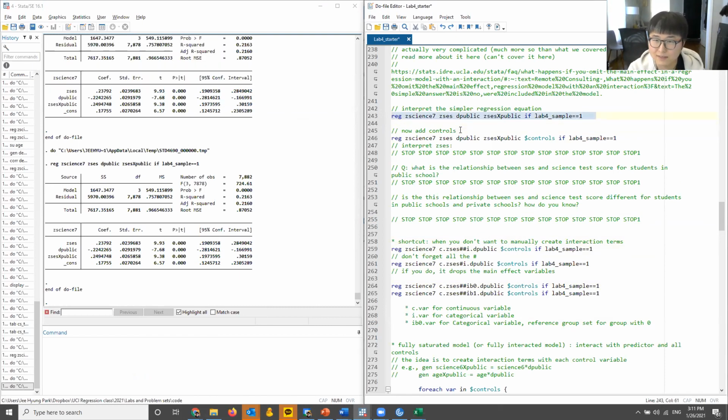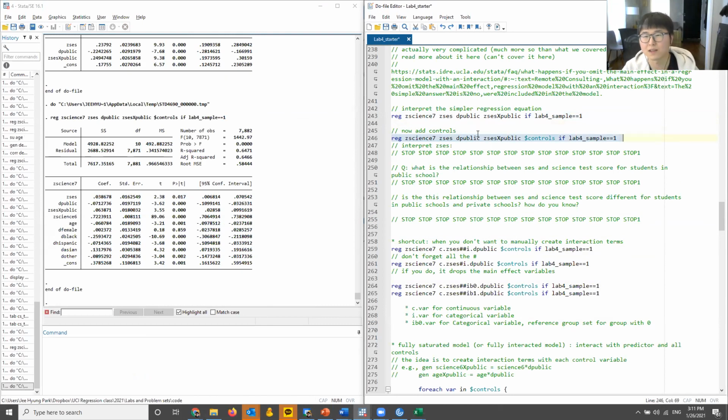So we just covered this, and then we didn't cover this, which is now all I've done is added controls. And nothing has really changed, right? The way you interpret it is very, very similar. This is the easiest one to interpret, because this one can be talked about as the person who is in private school. And so how do you interpret this?